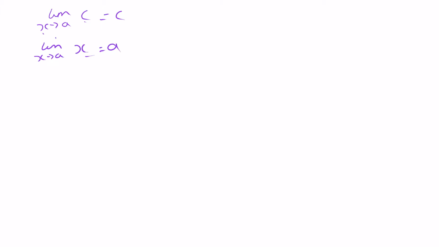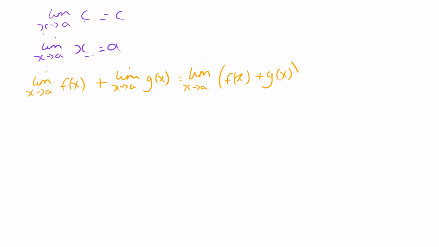Now, if we have a look at adding limits. If we have two different limits here, so the limit as x tends to a of a function f of x, and we want to add it to the limit as x tends to a of g of x, as long as both the limits are tending to the same point, then we can say that that is the same as the limit as x tends to a of f of x plus g of x. And we can do the same thing with subtraction and multiplication as well.